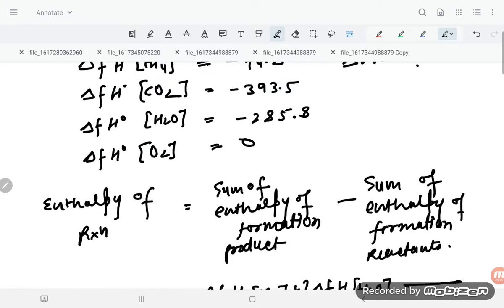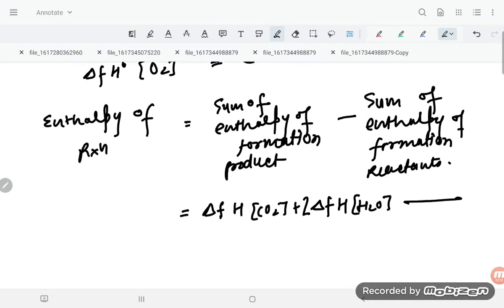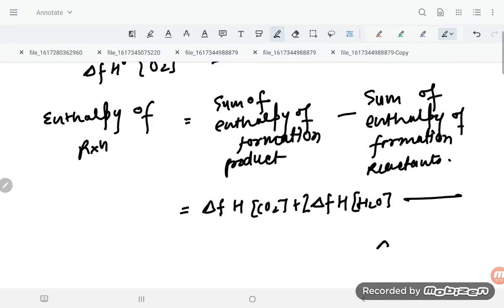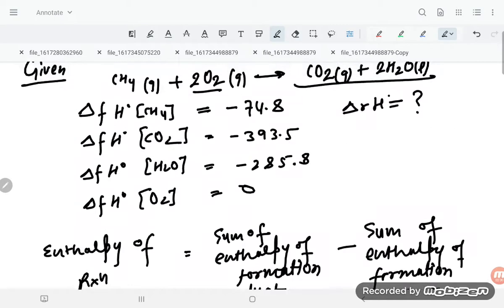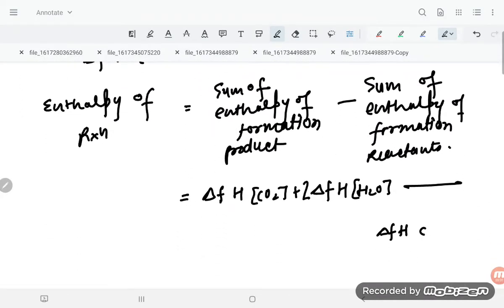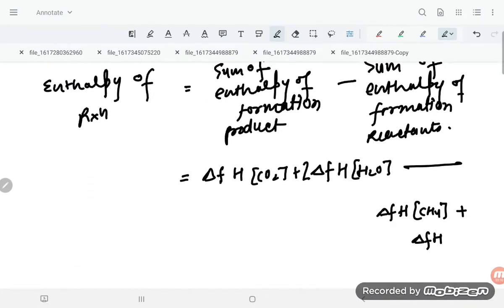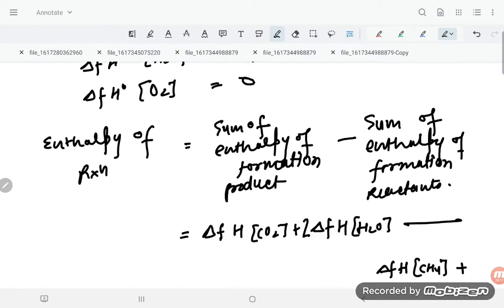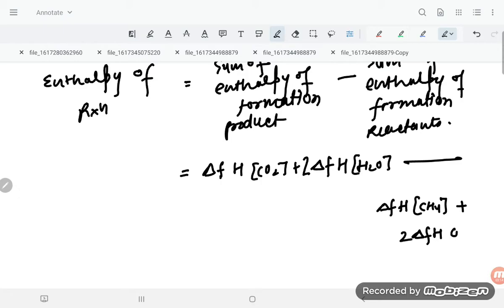Minus sign you put out, this is the enthalpy of formation of the reactants: delta f H of methane CH4, plus delta f H of dioxygen, 2 into O2.